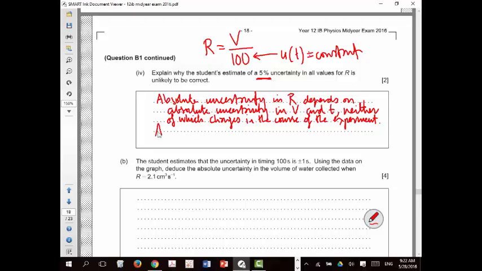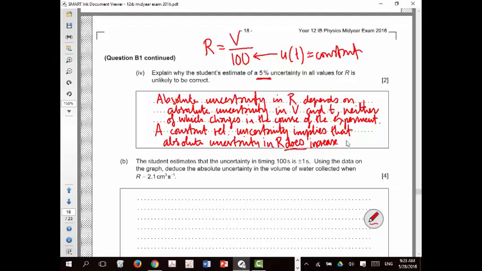So a constant relative uncertainty implies that the absolute uncertainty in R does increase as R increases.